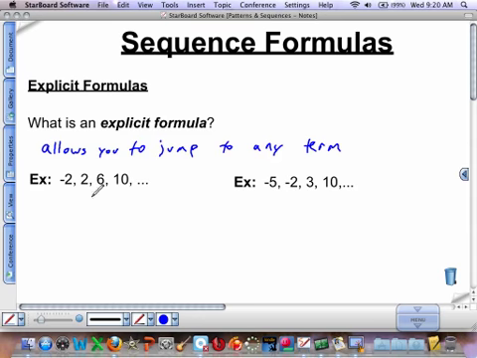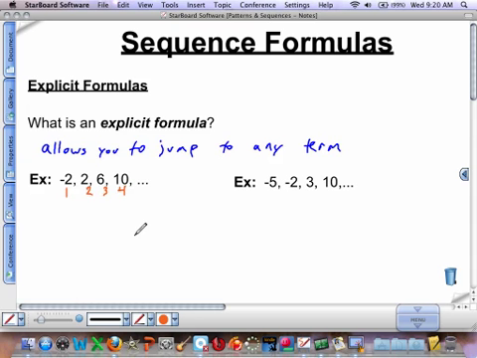Okay, what I'm going to suggest is that you label these as term numbers. So term 1, 2, 3, and 4. What's happening? That's the first question you need to ask yourself.